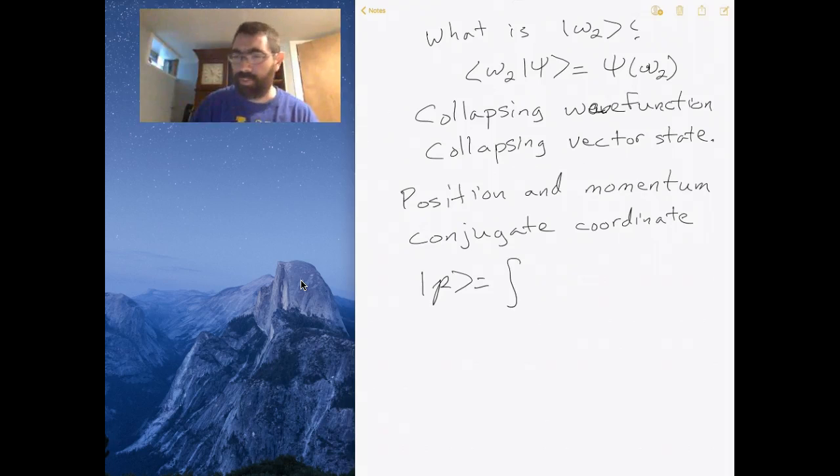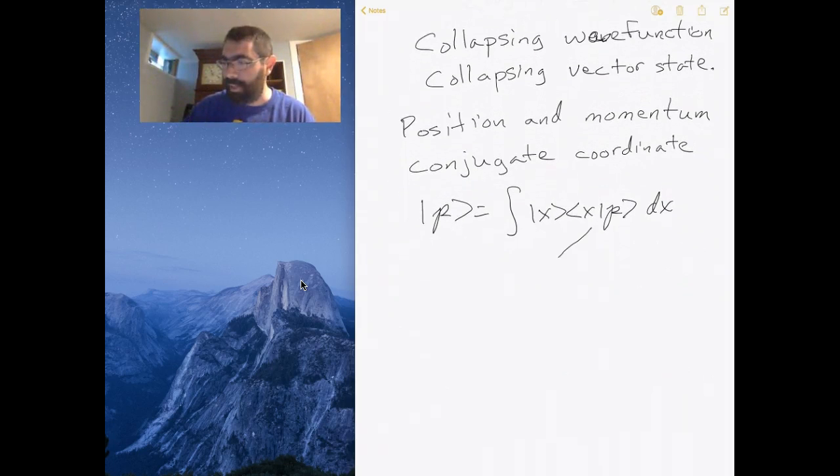Well, since these are continuous variables, I can integrate over how x projects onto the state P, and then integrate over all space. And so now I have this projection of position onto momentum, and so now they're related.